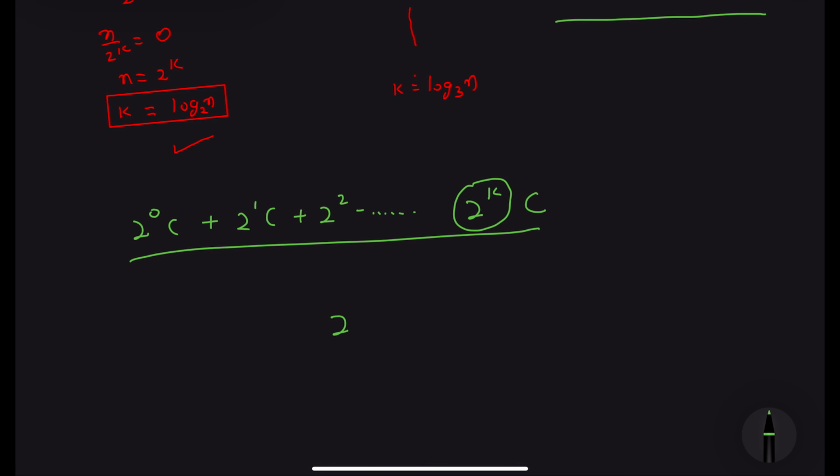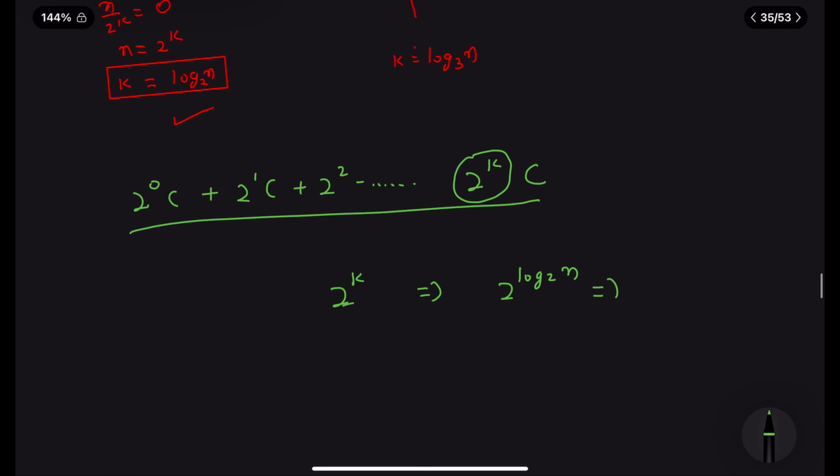So we have 2 raised to the power k as the final answer, and we can replace the value of k here. So k is log base 2 n, so 2 raised to the power log 2 n can be written as n. So the final answer will be big O of n.